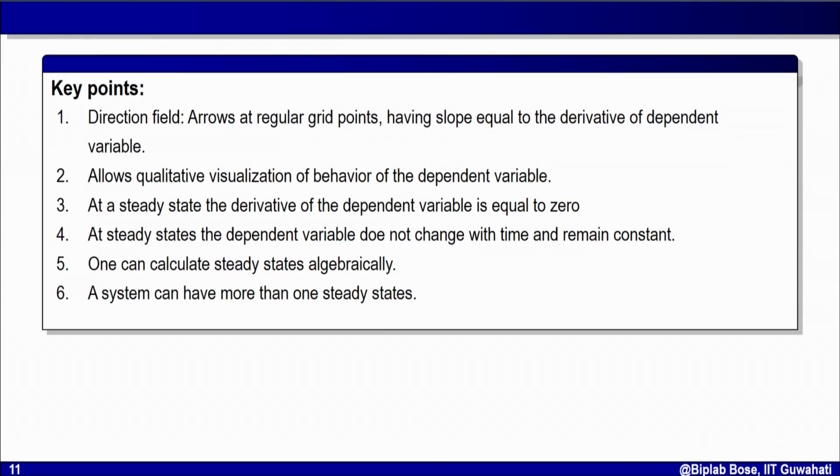Now in this direction field, there are places where dx/dt is equal to 0. The value of x for which the derivative is equal to 0 is called steady state. At steady state, the system does not change.